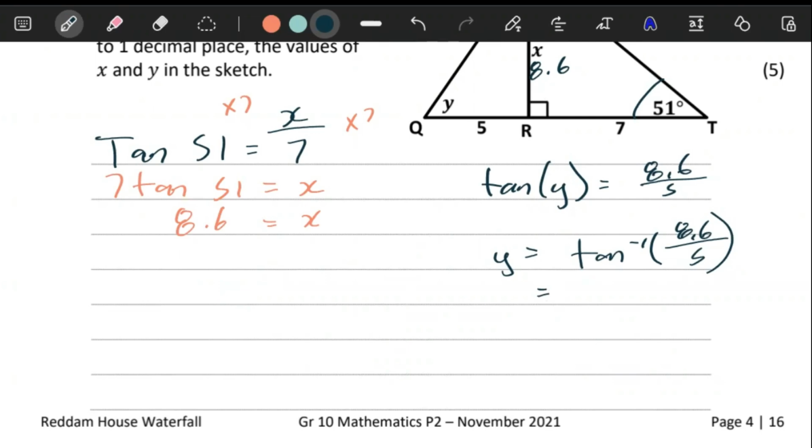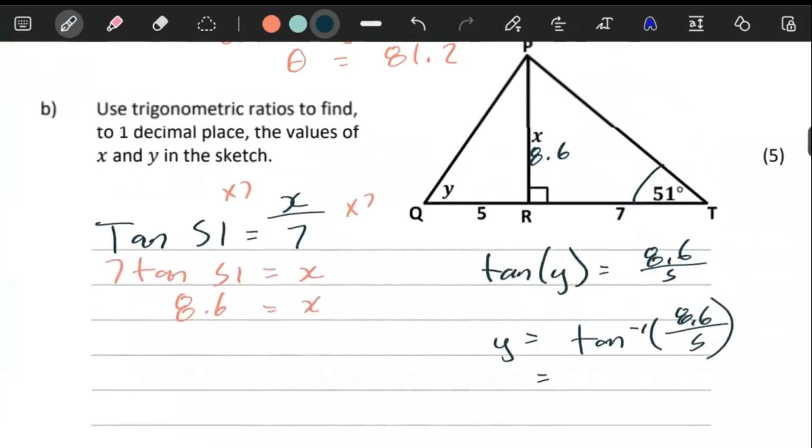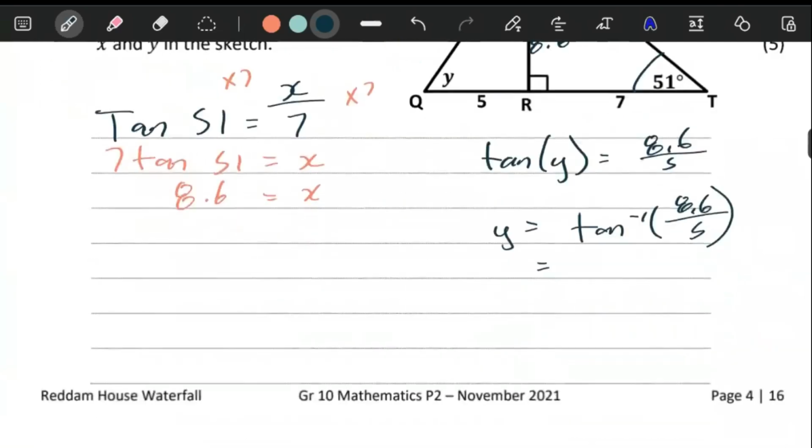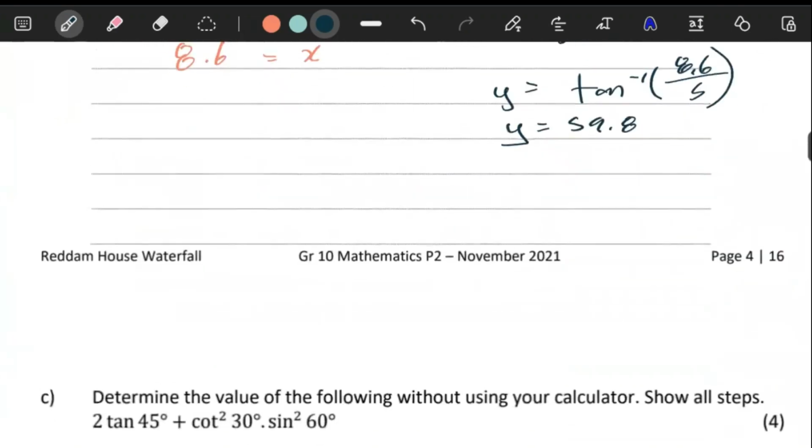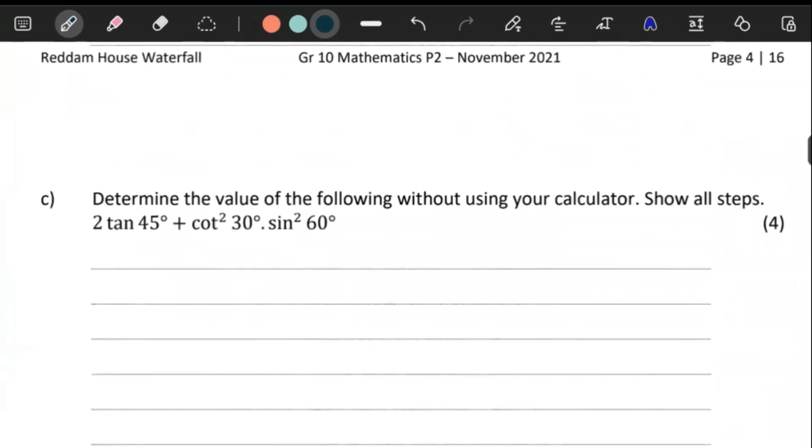If you round it off to 1 decimal place, since it says to 1 decimal place, this is going to be 59.8. There we go.